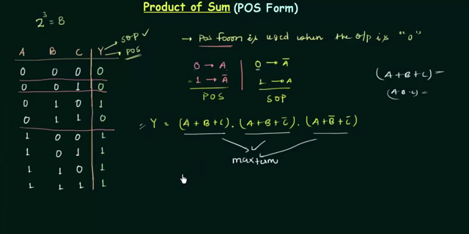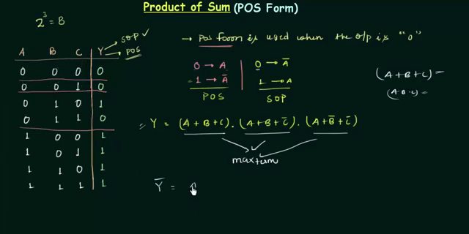So let's try to prove that we can have the POS form from the SOP form, and I will consider the output when it is low. So Y is now Y complement, because in SOP form when it is 0 we write the complement, and here the function Y is 0, so I will write Y complement. It is 0 for three cases. Let's find the first case in which A is 0, B is 0 and C is 0.